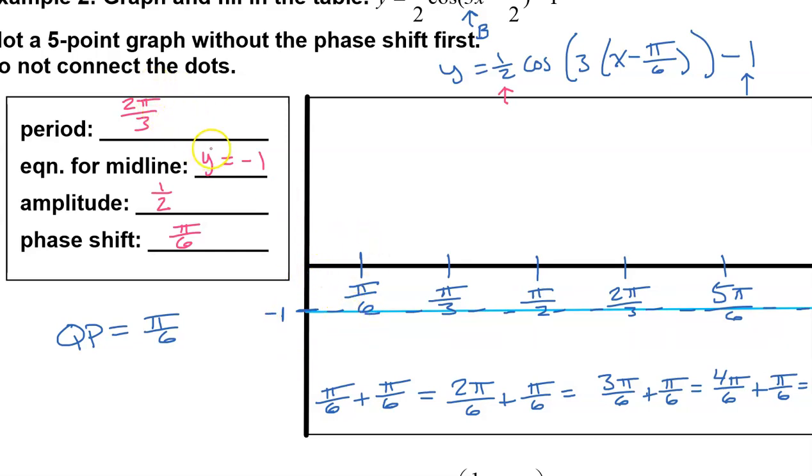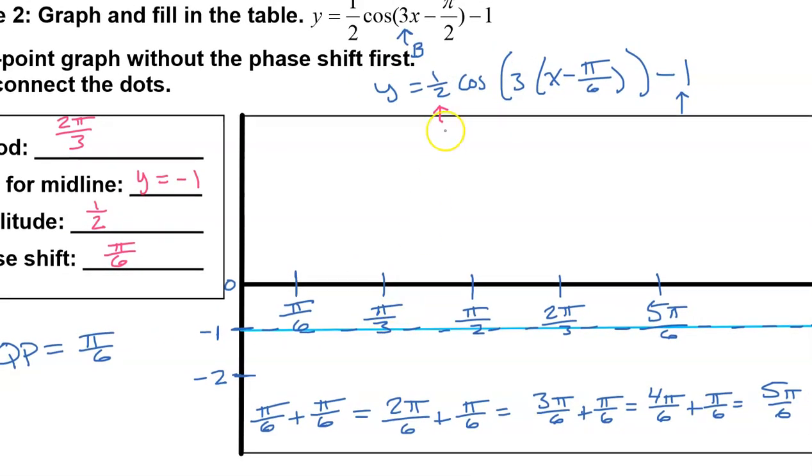Just as a frame of reference, obviously the x-axis here is at 0. I'm going to go down a full unit and put a -2 here. So, since the amplitude is 1/2, the high and low of the graph will be 1/2 of a unit above the midline and 1/2 of a unit below the midline.